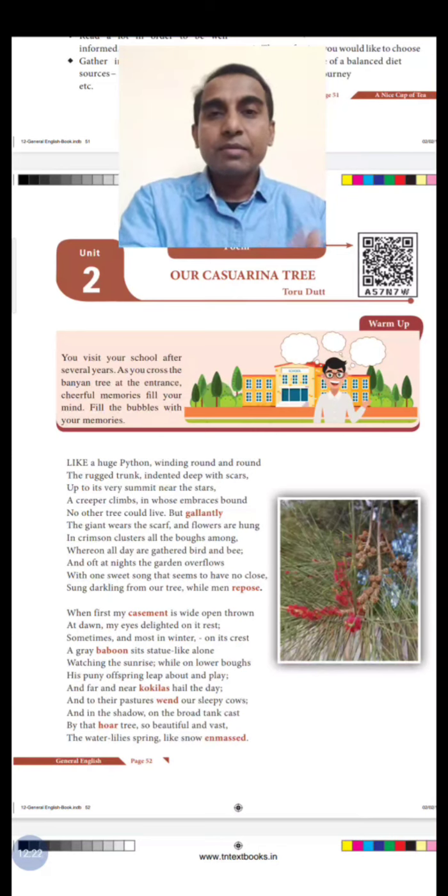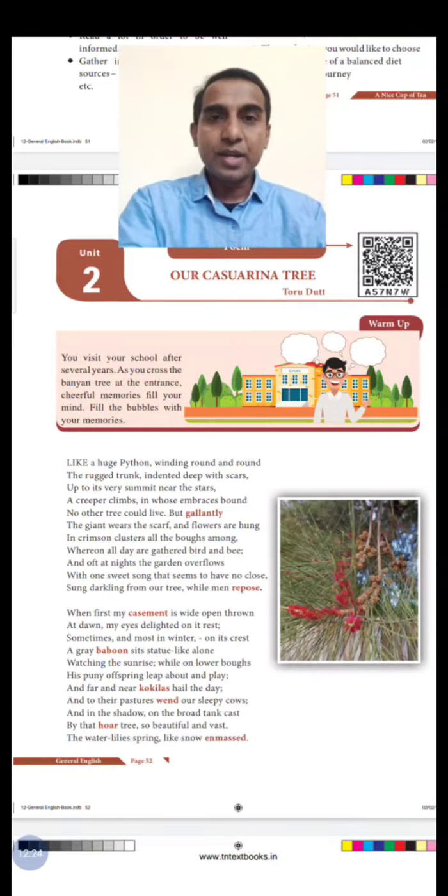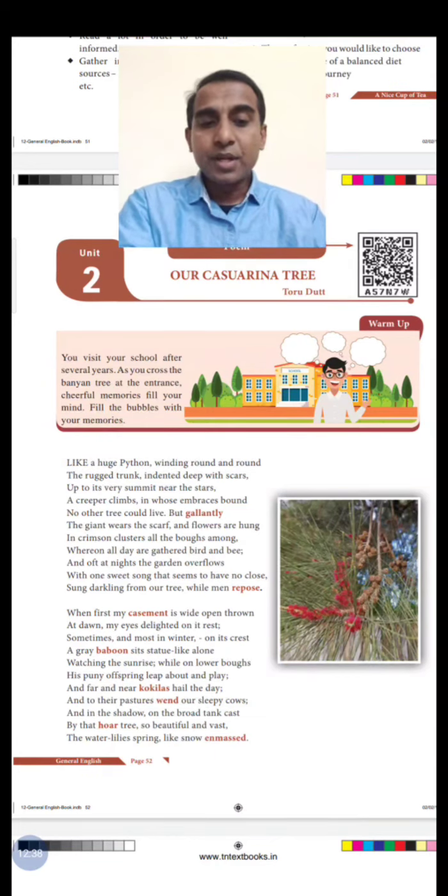It looked as if the tree is wearing a scarf. The poet tells about the beauty of the tree: she can see clusters of crimson flowers hanging in the branches, and throughout the day she can see birds and bees gathered there.